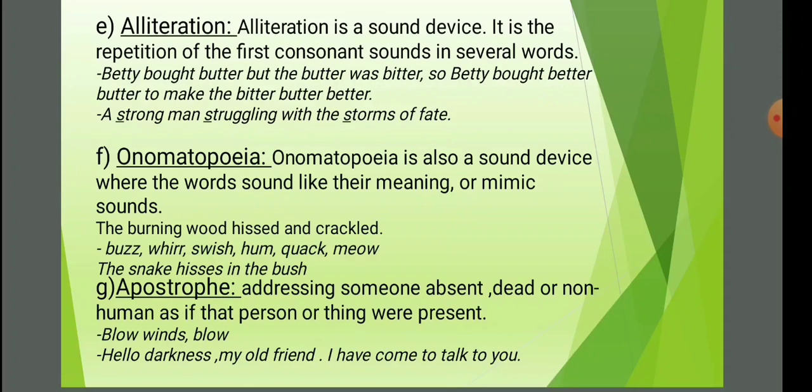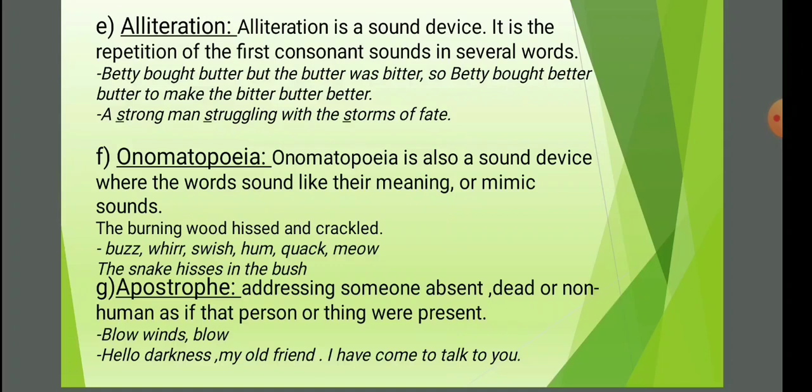This is known as alliteration. Next example is a strong man struggling with the storms of fate. Strong, S letter. Again, struggling, S letter. Storms, S letter. Means it comes under alliteration. So, alliteration is the repetition of first letter. When it is same, it is known as alliteration.